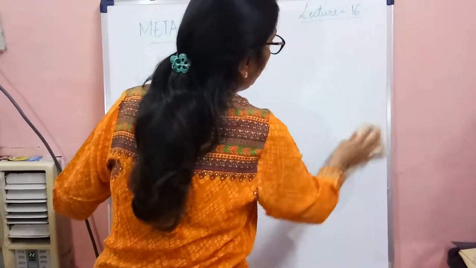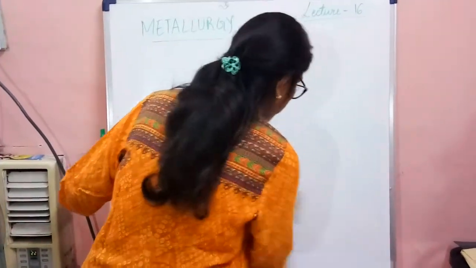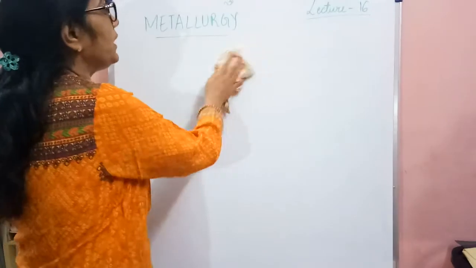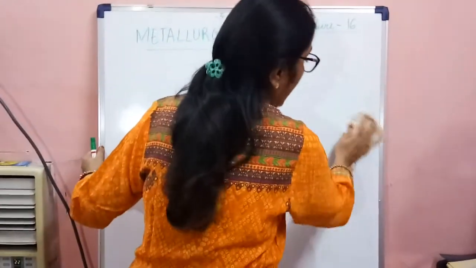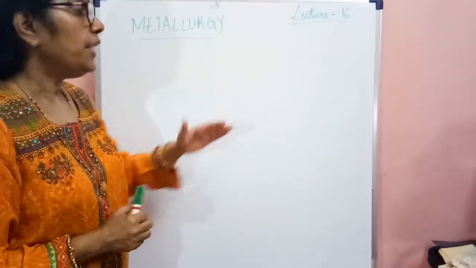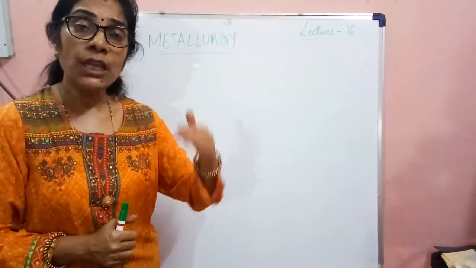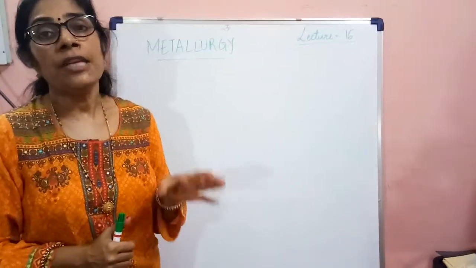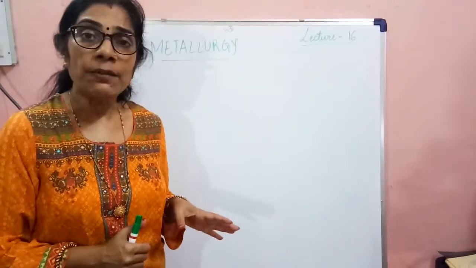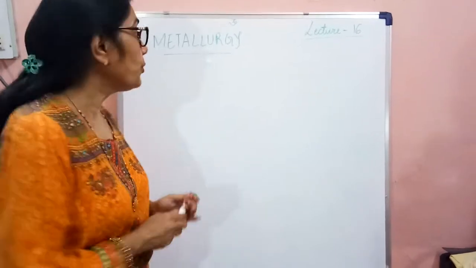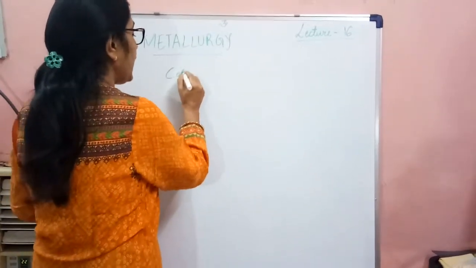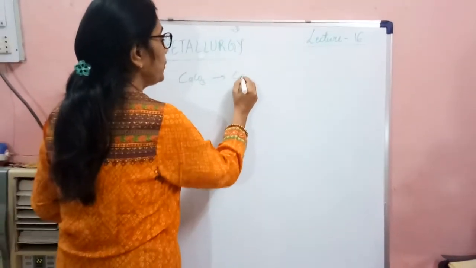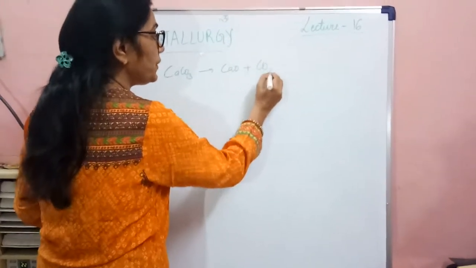And so far as extraction of iron is concerned, iron is extracted by using hematite, magnetite, that is its oxide ore, in a blast furnace. And there are three temperature zones: lowermost, middle zone and upper zone. And calcium carbonate acts as a flux over there, which decomposes into CaO plus CO2.